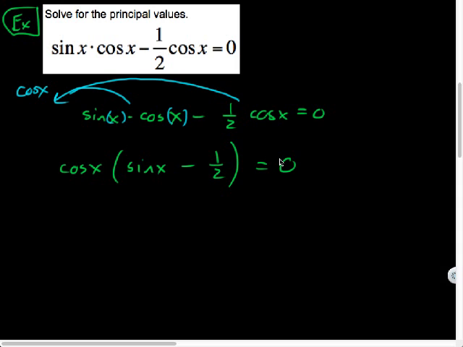Now, behold, I've got two things that multiply to be 0. This is factored, and if these multiply to be 0, I know that one of them must equal 0 by the zero product property. So either cos x is equal to 0 or sine x minus a half is equal to 0.